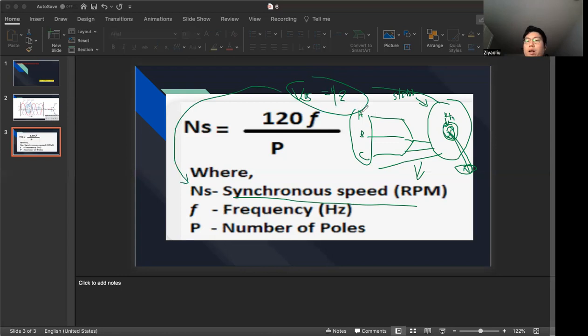For example, here the plug is 60 hertz, right? So 60 hertz multiplied by 2 pole. The standard is, I will say, 2 pole. It could be 4 or 6 pole. So which means 3600 RPM. This is, I would say, synchronous speed. The voltage source's hertz is synchronous speed.